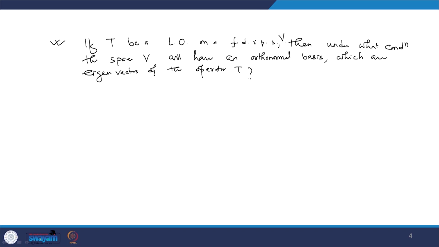So, let me raise this question that if we pick any linear operator on a finite dimensional inner product space, say capital V, then under what condition will the space V have an orthonormal basis, which are basically eigenvectors of the given operator.